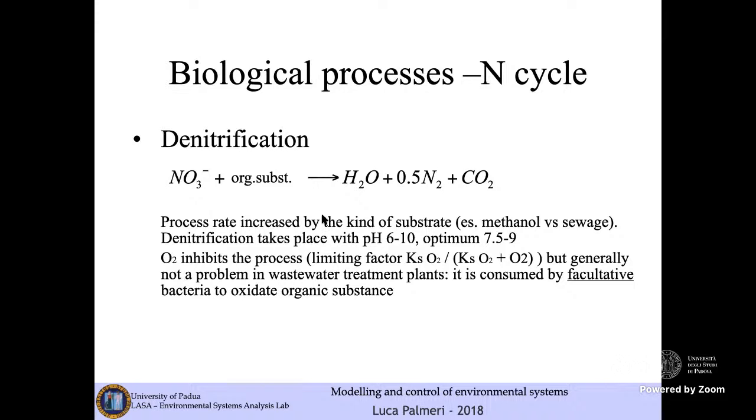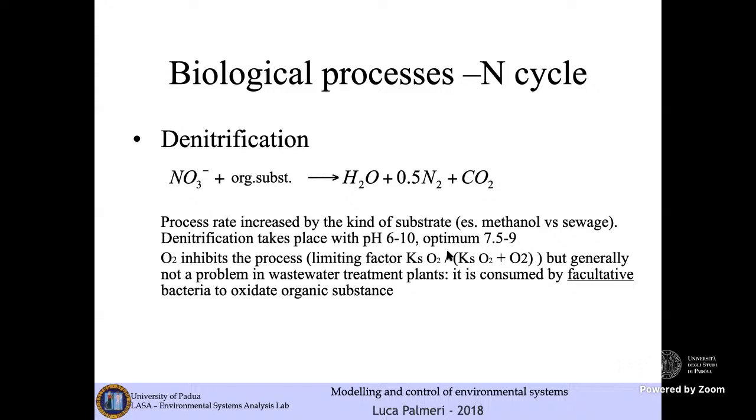Process rate is increased by the kind of substrate, for example, methanol or sewage waters. Denitrification takes place within a pH of 6 to 10. It has an optimum rate between 7.5 and 9 pH. Oxygen inhibits the process.